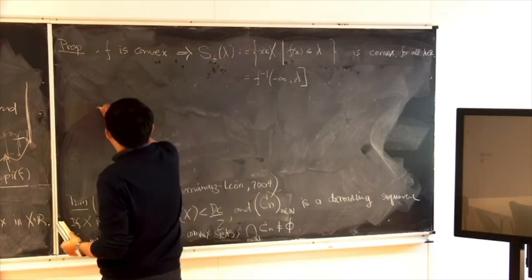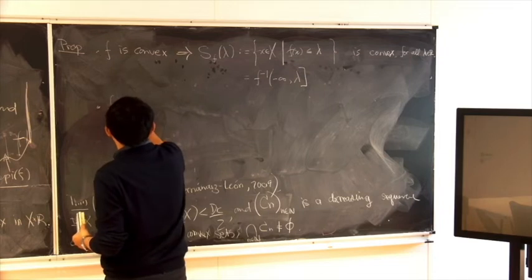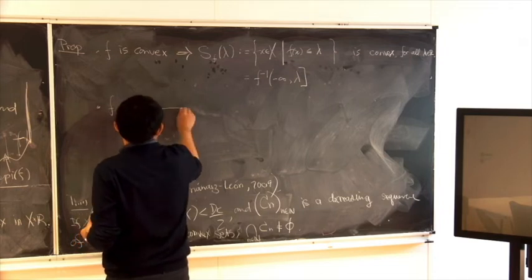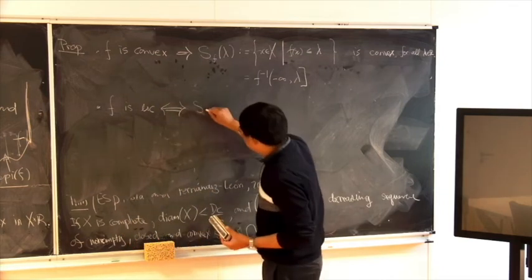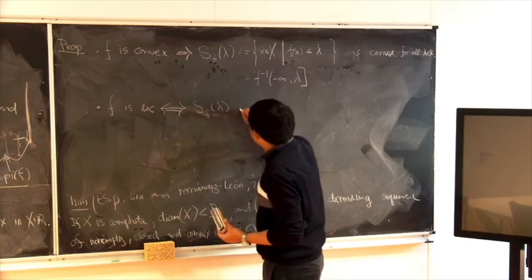The other item is when f is lower semi-continuous. Here you still have if and only if all the sublevel sets are closed.